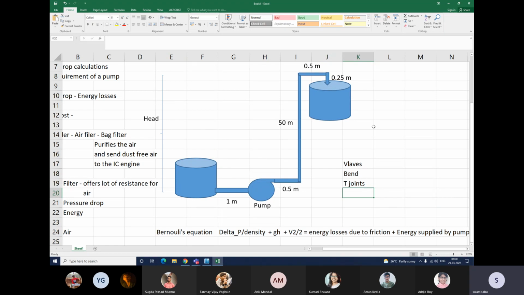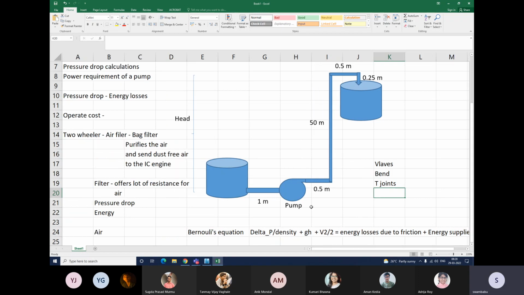Instead of doing a practical experiment every time, we can simulate this process in a process simulator and see which type of arrangement gives the least amount of energy losses, so that we can optimize the system or minimize the operating cost. So that's why these calculations are also important, although they are very, very simple.